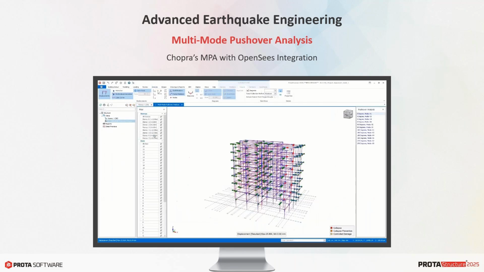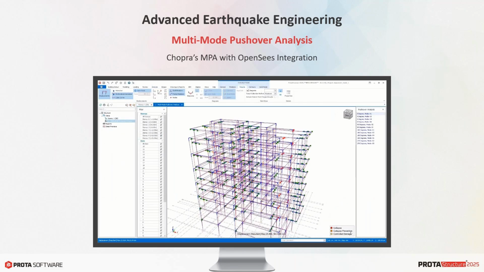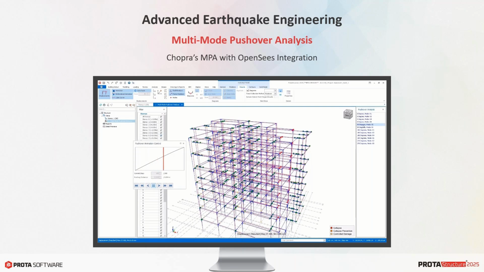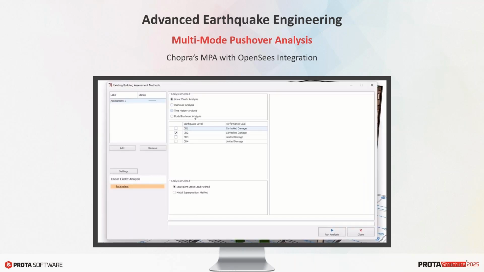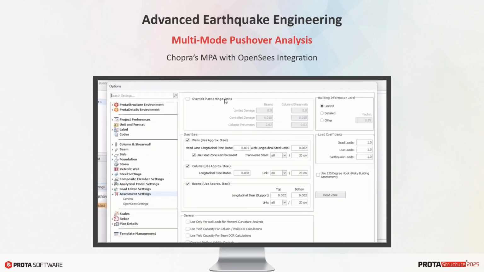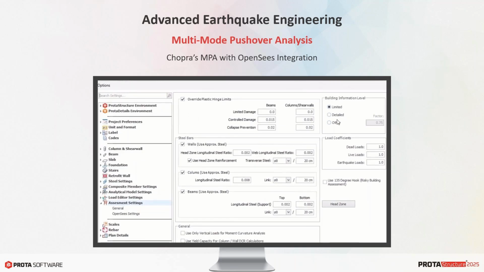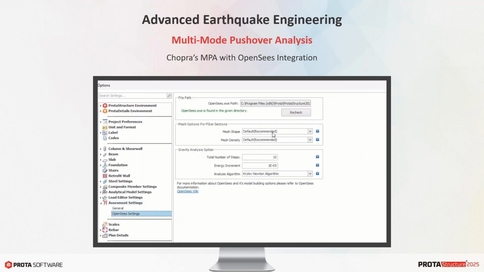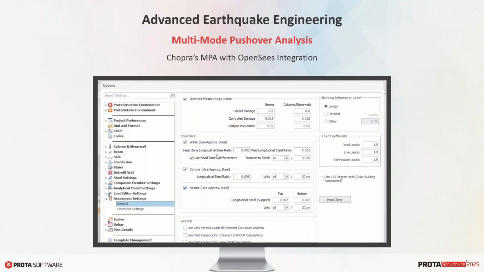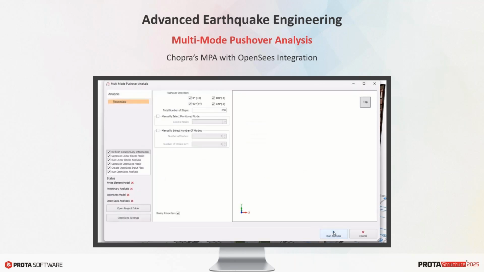In the new version of ProtaStructure, we have adopted Chopra's modal pushover methodology. In simple terms, we perform pushover analysis for each mode and combine their results. After the results are obtained, a detailed assessment report is generated. The pushover displacements and plastic hinge mechanism can be examined in detail, but I'll leave it to my colleague Altuğ for the next part of the presentation.